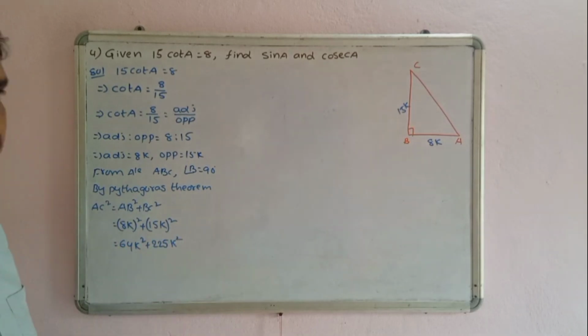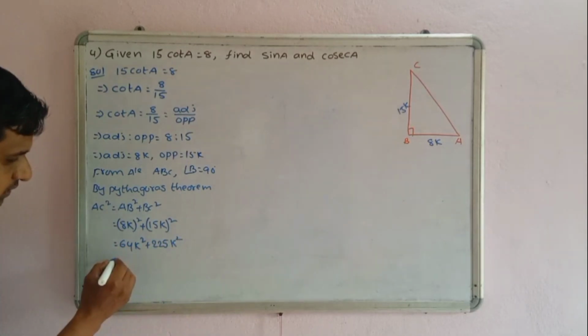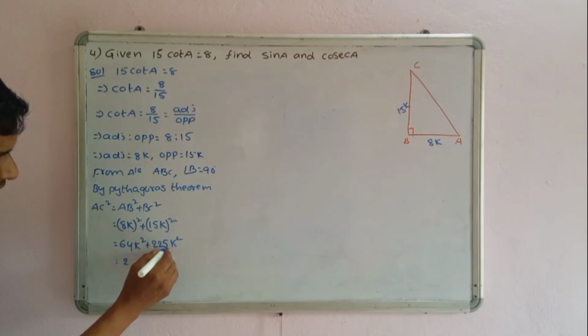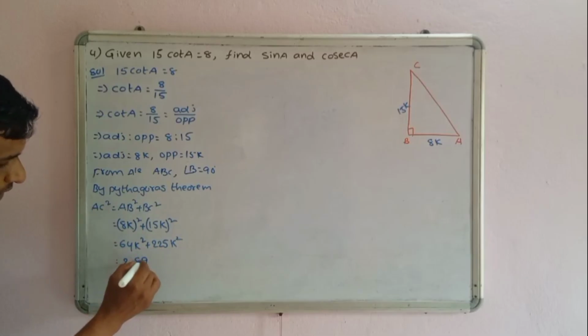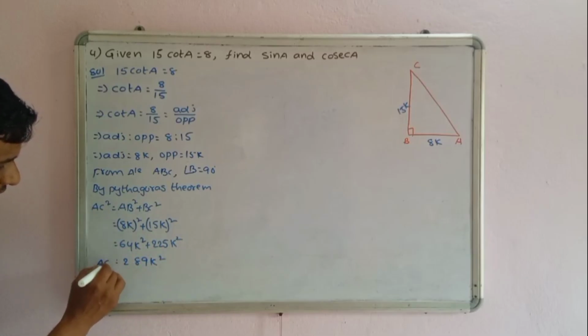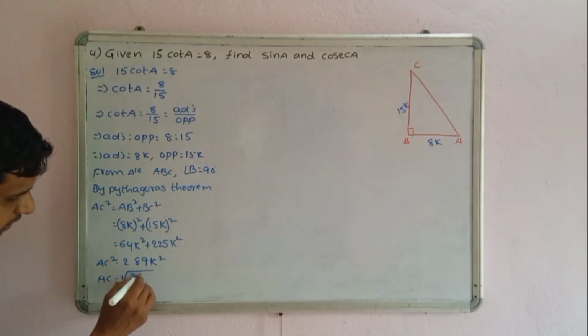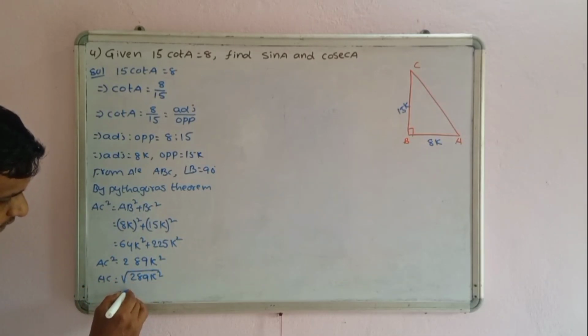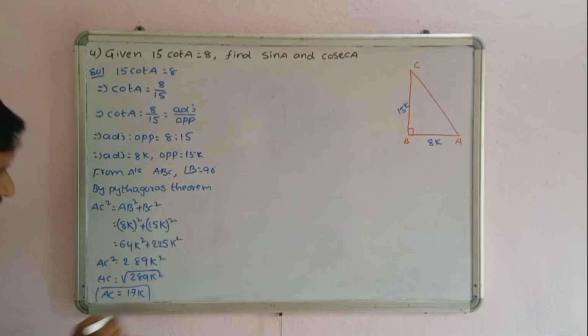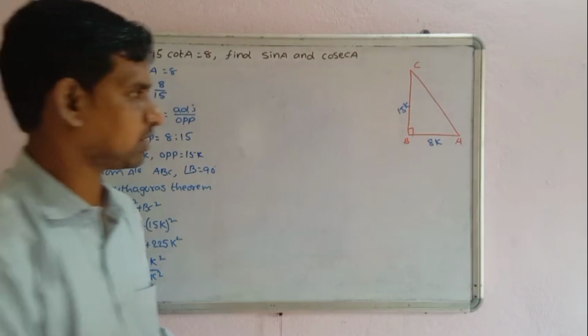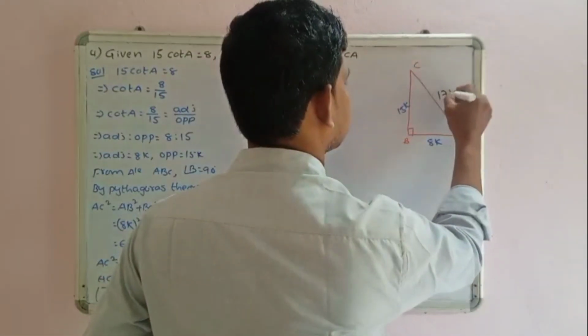So 64k square plus 225k square is 289k square. That is AC square. AC equals the square root of 289k square. The square root of 289 is 17, and the square root of k square is k. Therefore AC equals 17k.